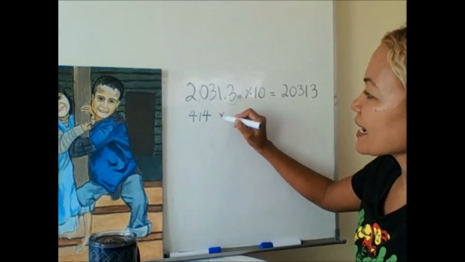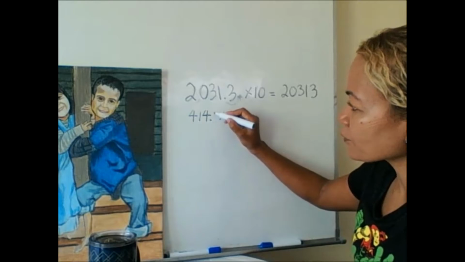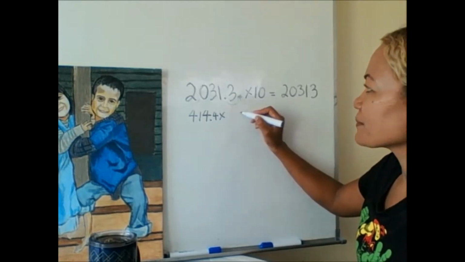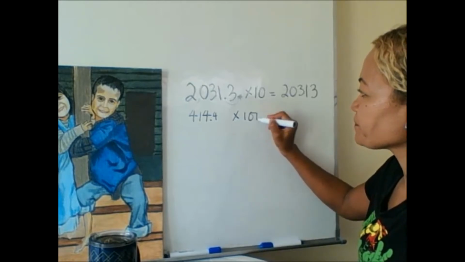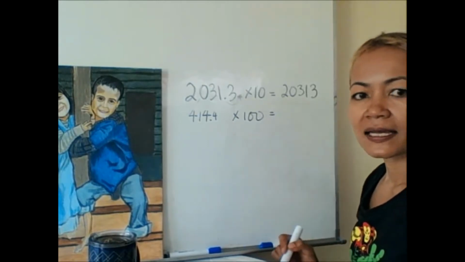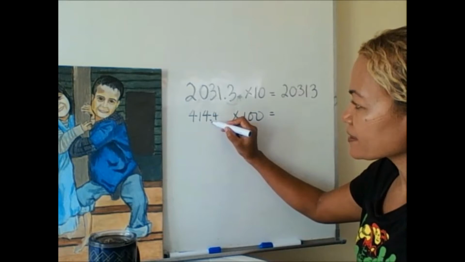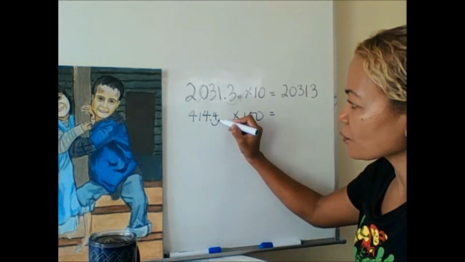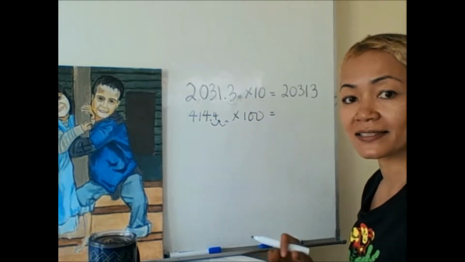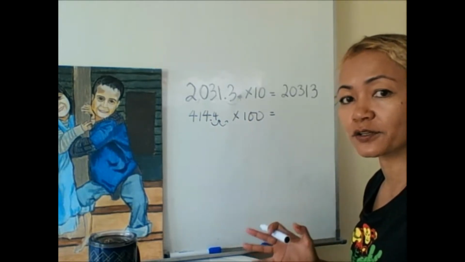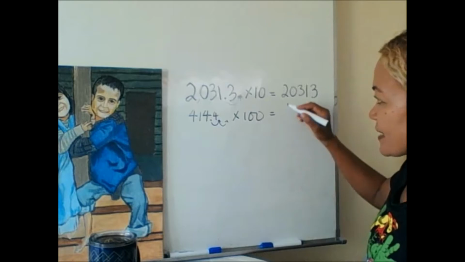What about 414.4 times 100? Now we're moving the decimal place 2 times, so 1 to after the 4 and 1 again after another 0 that's there but that we don't show unless it's significant. And now it's significant.